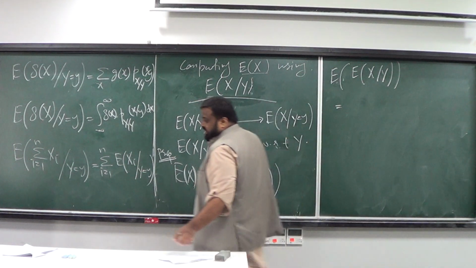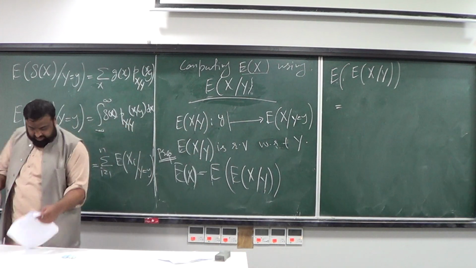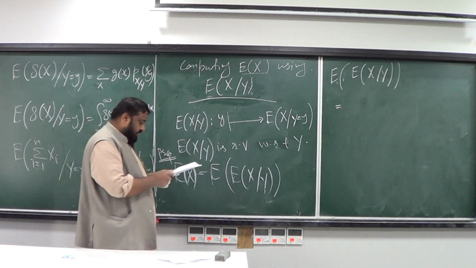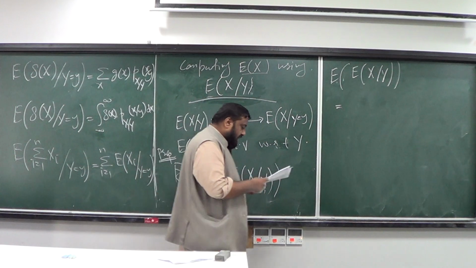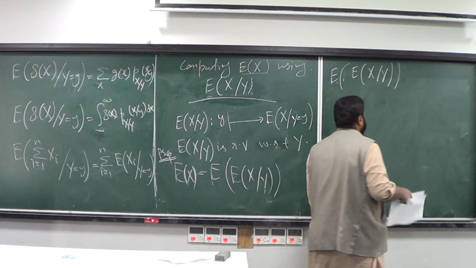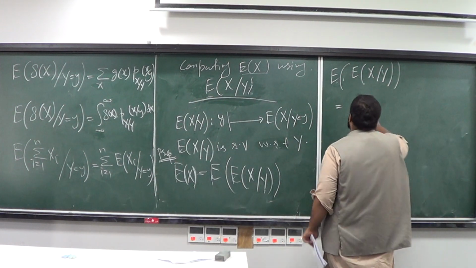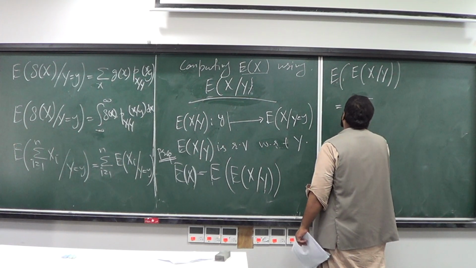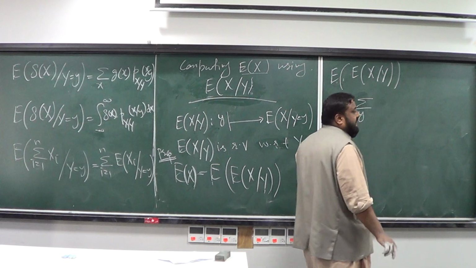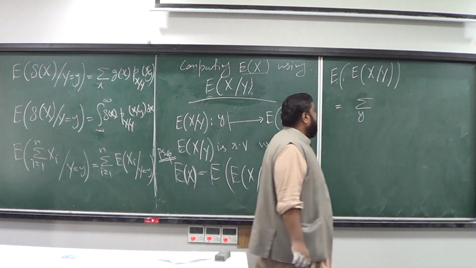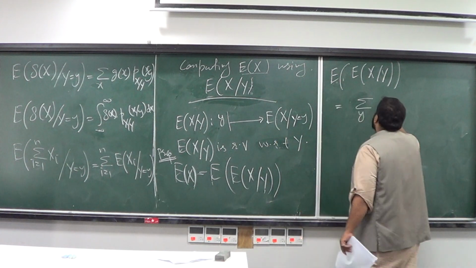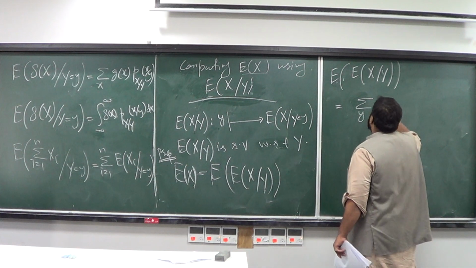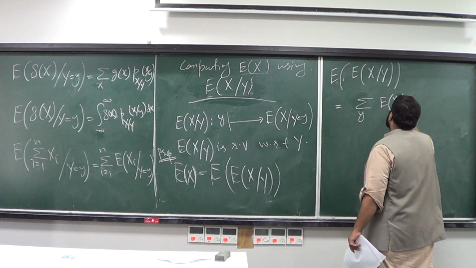As I said, this outer expectation is really an expectation over y. So I can write this as the sum over the values that the random variable y takes, multiplied by the conditional expectation.